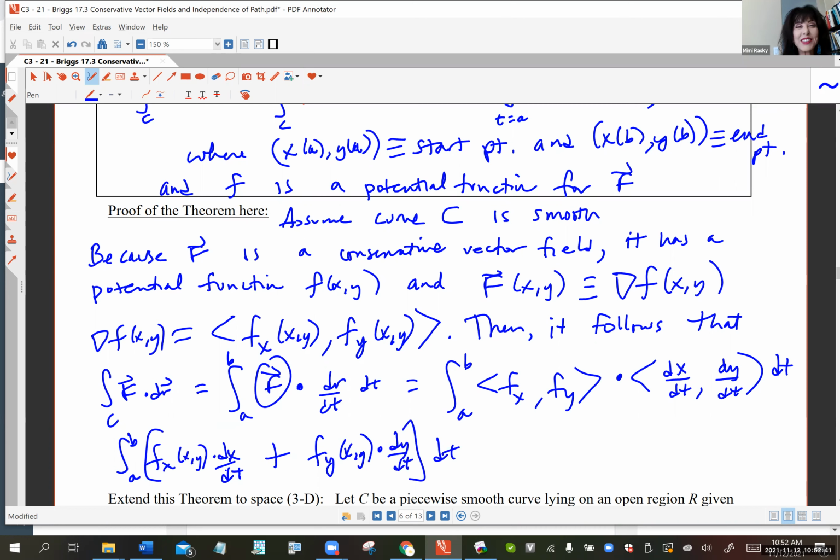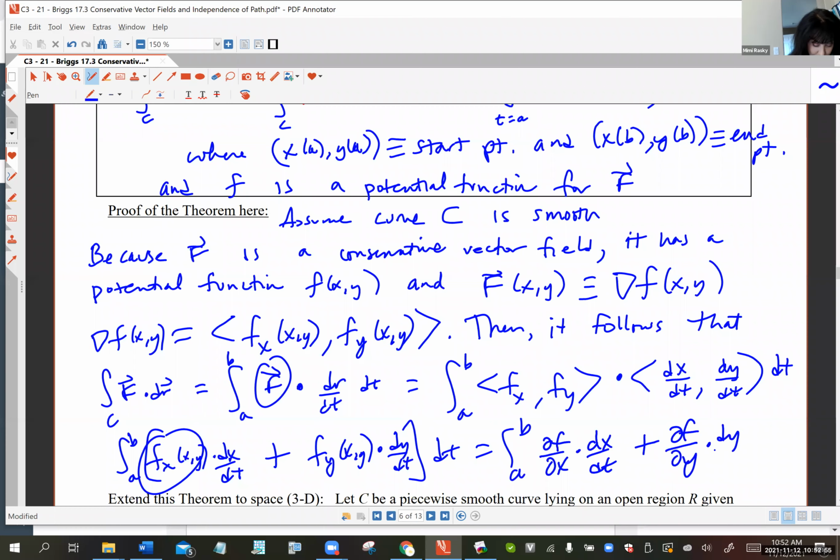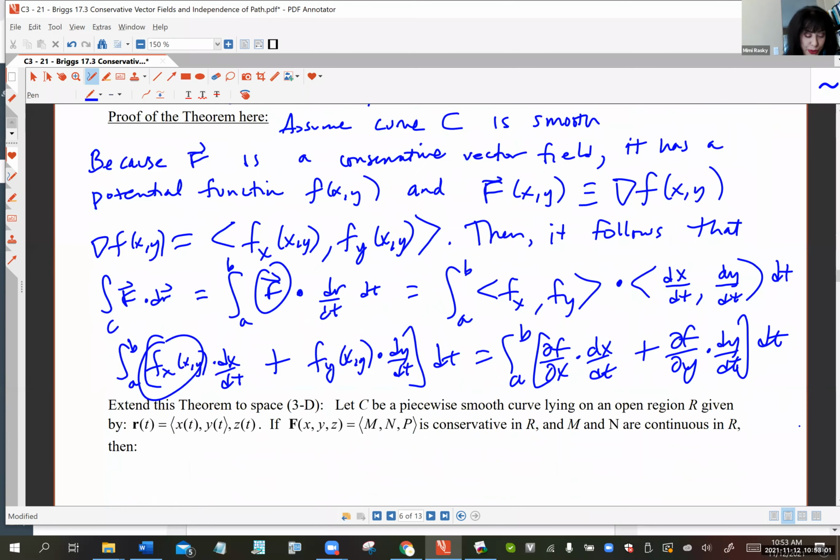Doesn't this look like somebody did a chain rule? I'll even do another step. I'll replace the f_x with the df/dx so you can see what I'm talking about. Look at this, folks. Doesn't that look like the chain rule? It looks magical. It is. That is the chain rule, people. Somebody did a chain rule.